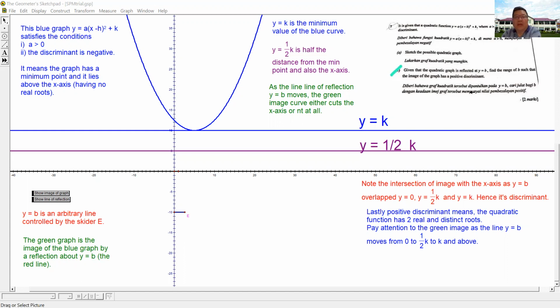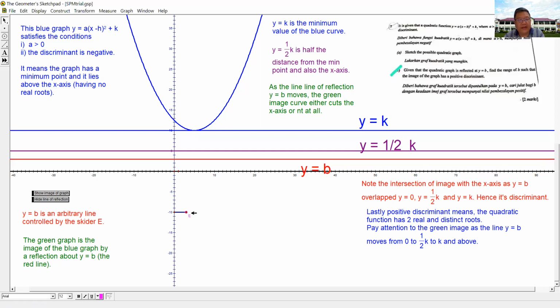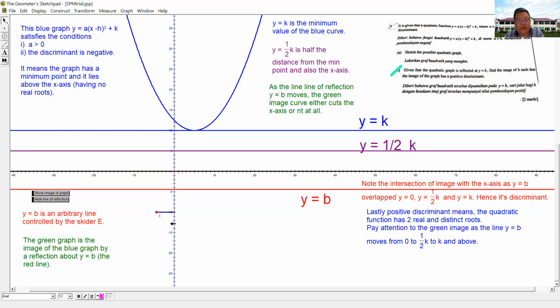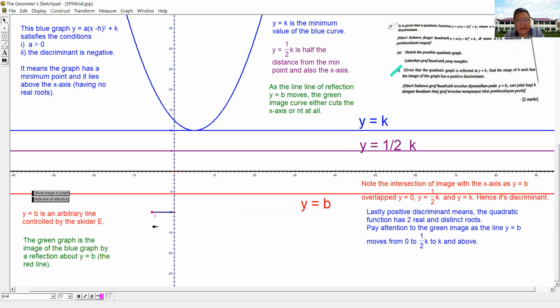Now here I would like to show two things. The first one is the line of reflection. It's reflected at y equals b, and this y equals b is an arbitrary line. It is controlled by this thing.